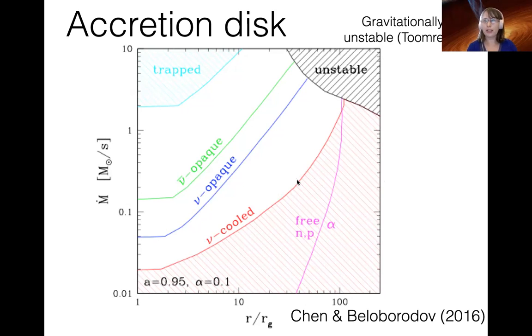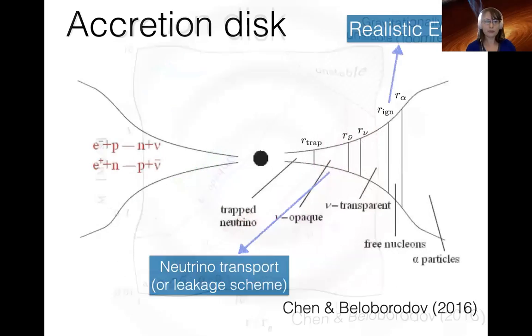At some point, again, the density is going to be high enough so that it ignites the beta process, and we have neutrinos. So here, neutrinos are going to be the main cooling agent in the disk. And at some point, the disk is going to become opaque first to neutrinos, and then to antineutrinos. Now, again, at very high accretion rates, we can have the neutrinos trapped, but this is not the case for our simulation.